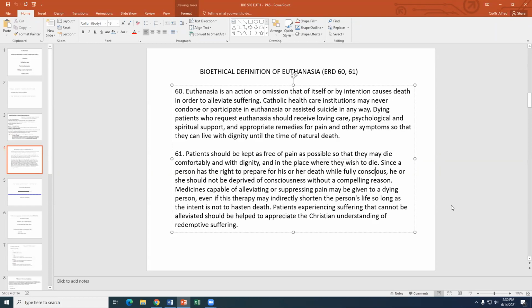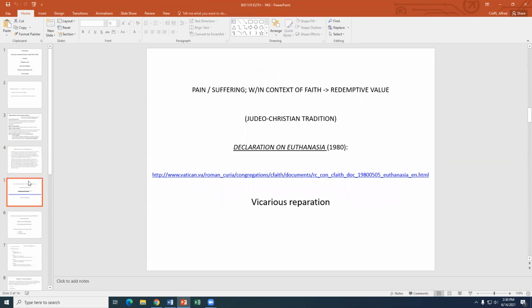All right, let's move then to a little bit more on the issue of pain and suffering. When we put it in this context of faith, the belief of an afterlife, and particularly in the Judeo-Christian tradition, suffering and or pain also has value in and of itself, and it's called redemptive value.